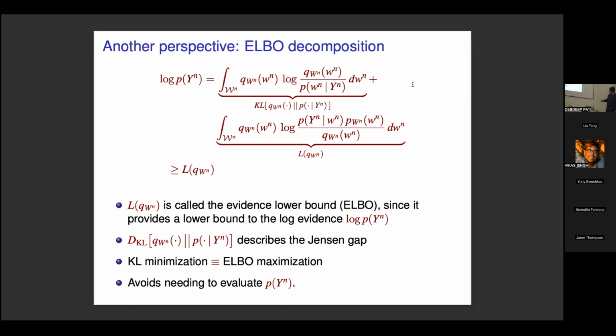And since the second term is free of any normalizing constant, minimizing the KL divergence is equivalent to maximizing the evidence lower bound, and thereby variational inference can avoid having to compute the normalizing constant.